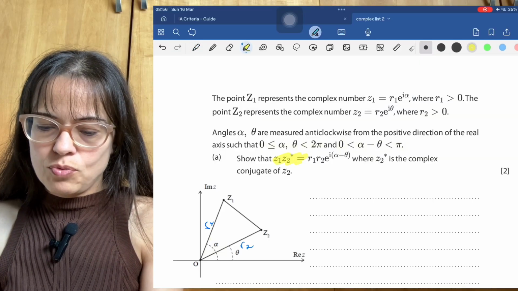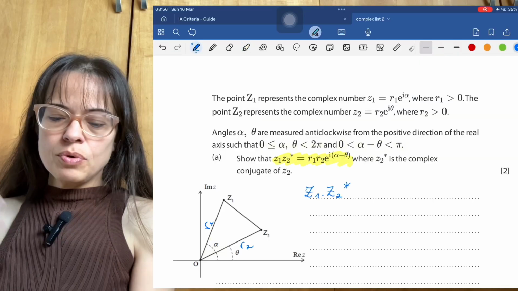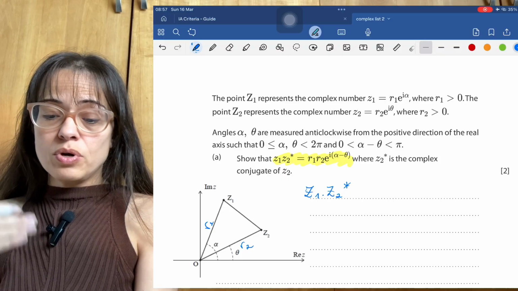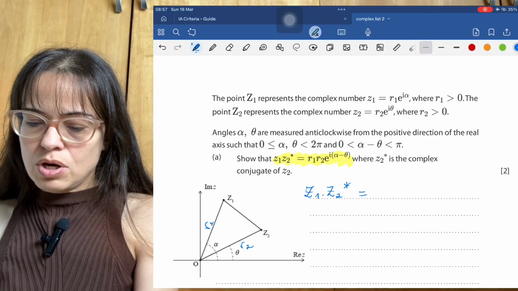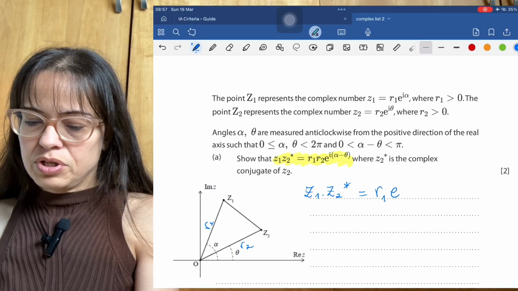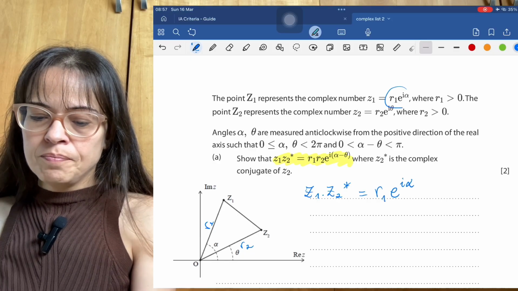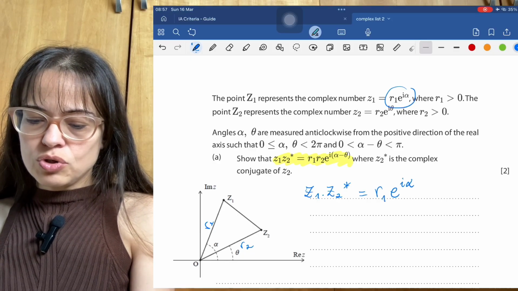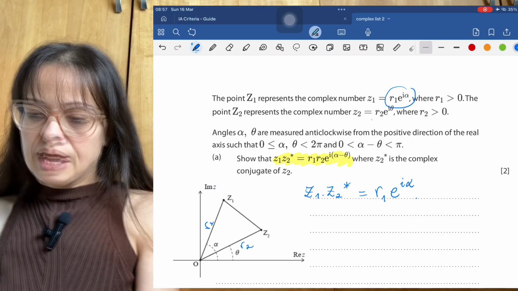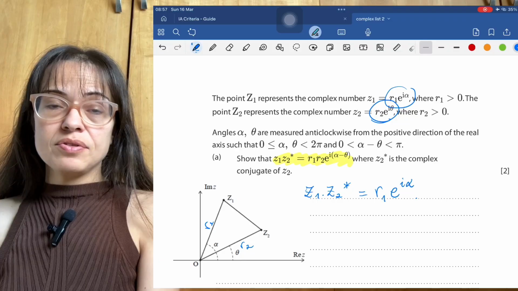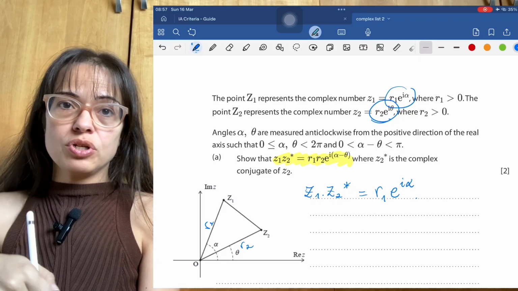A very weird equality. So what he wants me to do is to work with Z1 times Z2 conjugate, right? So Z1, I'm just going to put what it is because it says right here. And as for the conjugate of Z2, I am going to put the same thing that he said here, but with a negative sign in the theta because that's what the conjugate does.